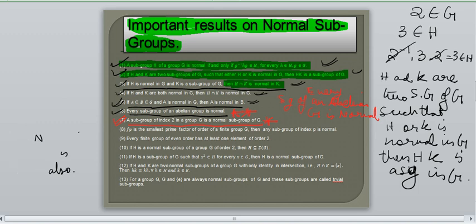It says that for a subgroup of index 2, you have a subgroup of G, let's say H, which has index 2.